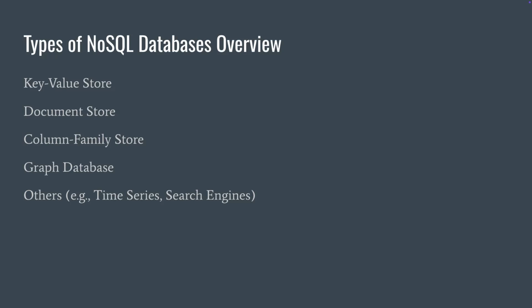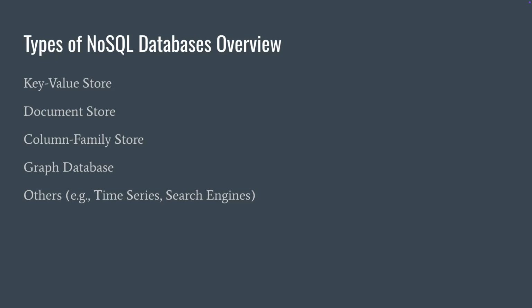Next is column family store. These are sometimes called wide column stores, and they are built around column families rather than rows, making them extremely efficient for analytic queries on large data sets. Graph databases are designed to store and traverse complex relationships, and these databases model data in nodes and edges, which is particularly beneficial for social networks or recommendation engines.